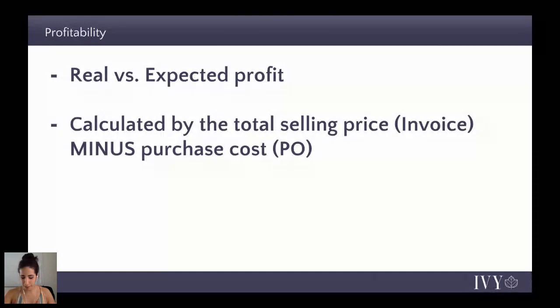So I can give you an example, but I think you guys might understand already. Expected would just mean what you would expect to make, but the real profit is what you actually paid out to your vendor and what was paid to you by your client. Okay, so again, total selling price minus the purchase cost.